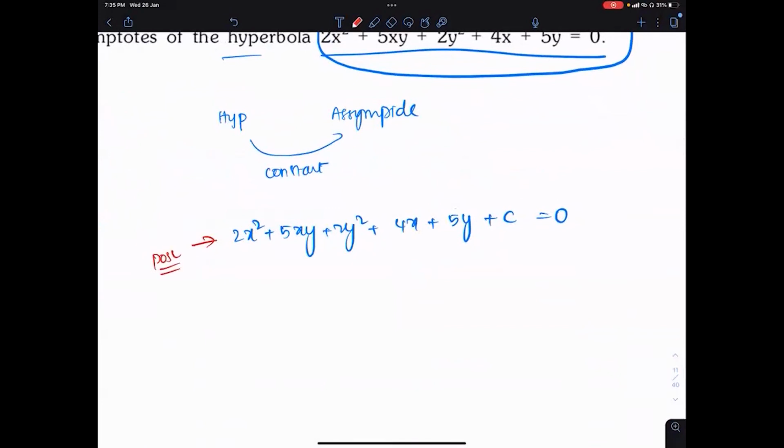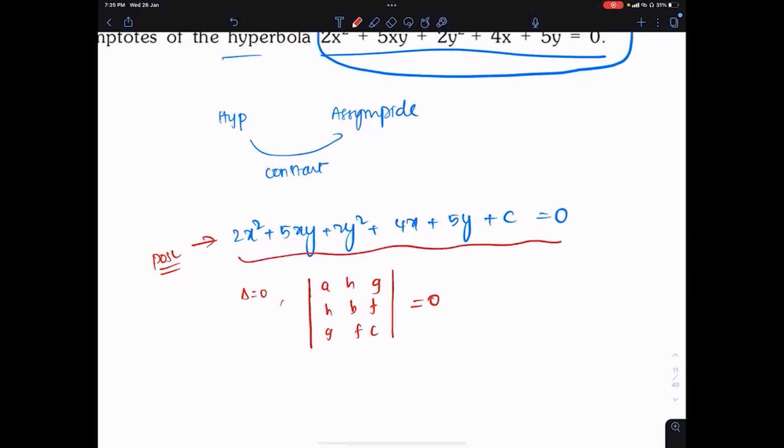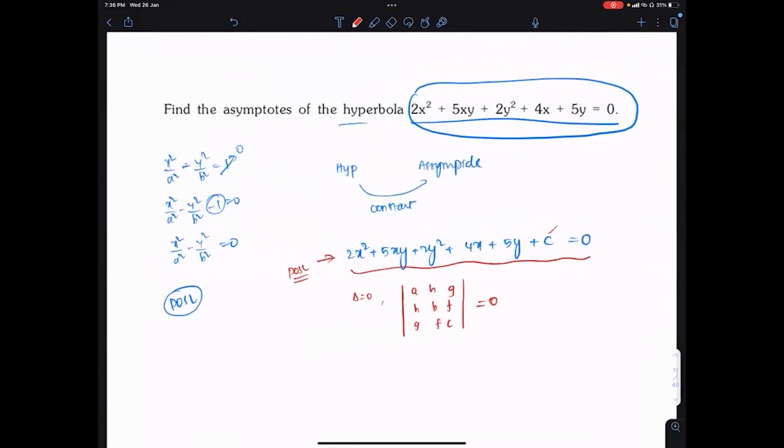And what is the condition for an equation to be a pair of straight lines? Delta must be 0, which is the determinant of AHG, HBF, GFC. This you learn in pair of straight lines. The condition for a given equation to be a pair of straight lines. If this delta is 0, then the given equation will be a pair of straight lines. Then you will get the value of C. That means you will get the asymptote equations.